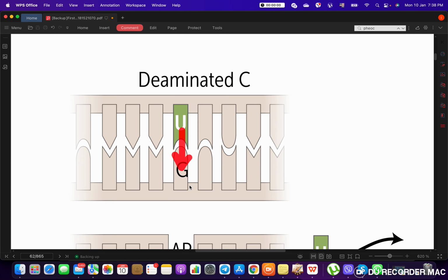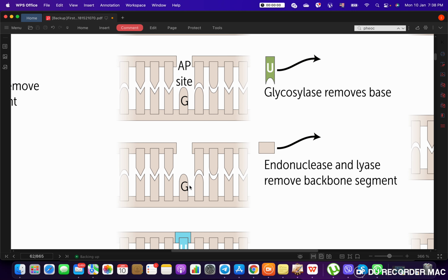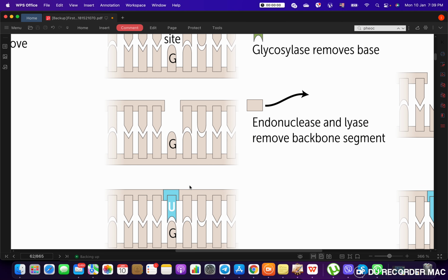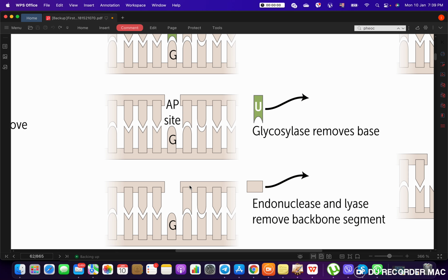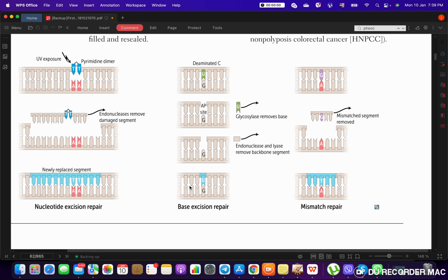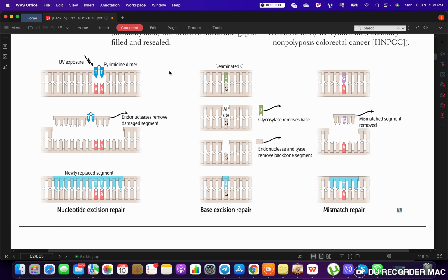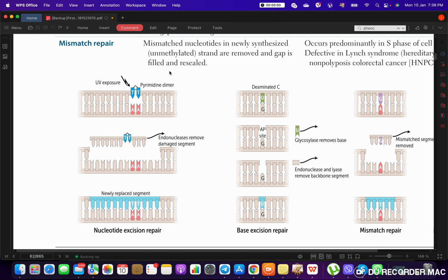Yes or no? Should uracil bind to guanine? Should not. So you need to convert the uracil into what? Cytosine. Yes. So you need to remove that segment and convert it to cytosine.